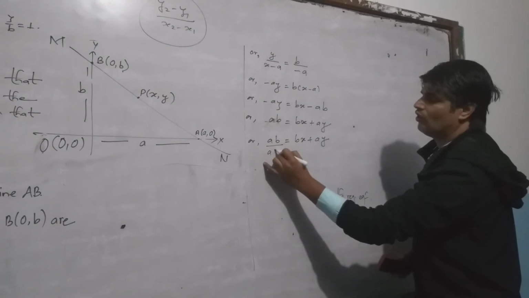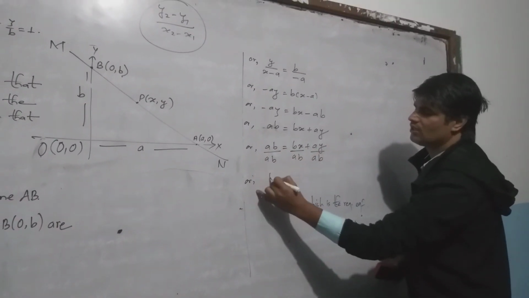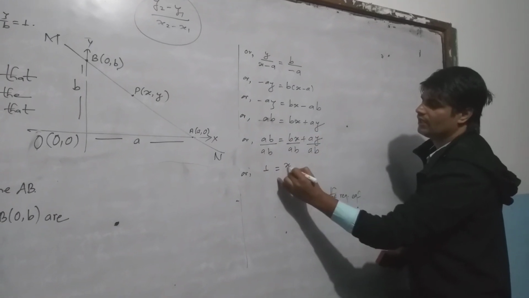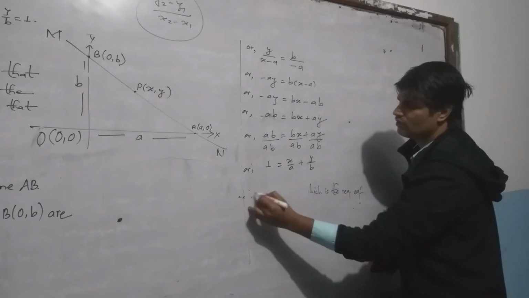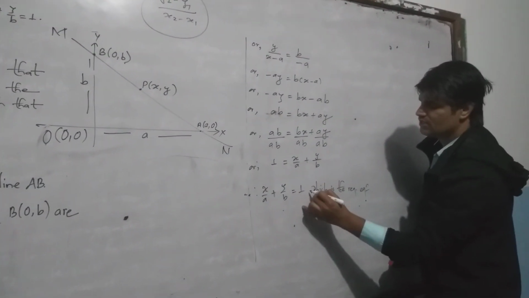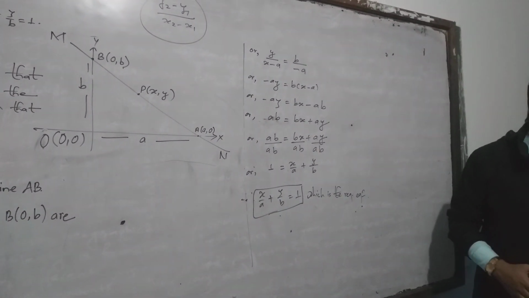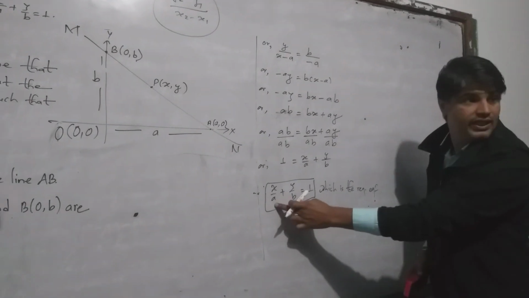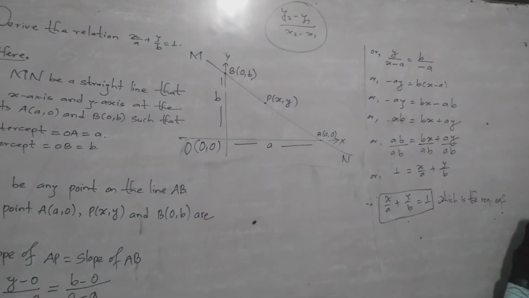Dividing all by ab, the ab cancels out: 1 equals x upon a plus y upon b. Therefore x upon a plus y upon b equals 1, which is the required equation of a straight line in double intercept form, where small a represents the x-intercept and small b represents the y-intercept.